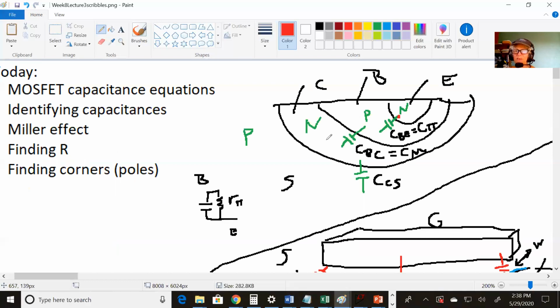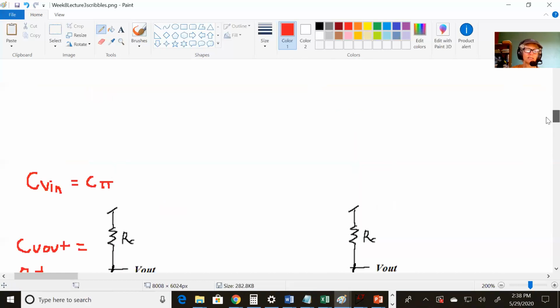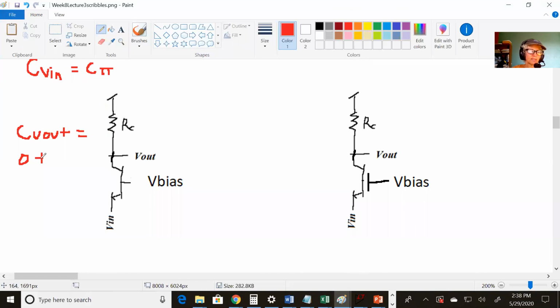C mu and C CS. Exactly. So C mu plus C CS, and you have the capacitance on the terminals, kind of. Actually, in this case, that is the capacitance, so both of those are accurate.